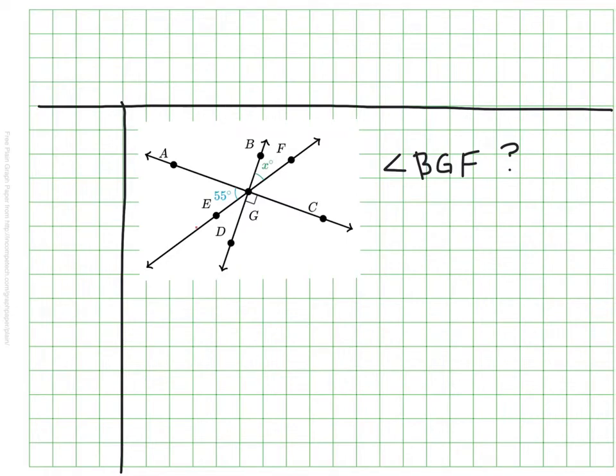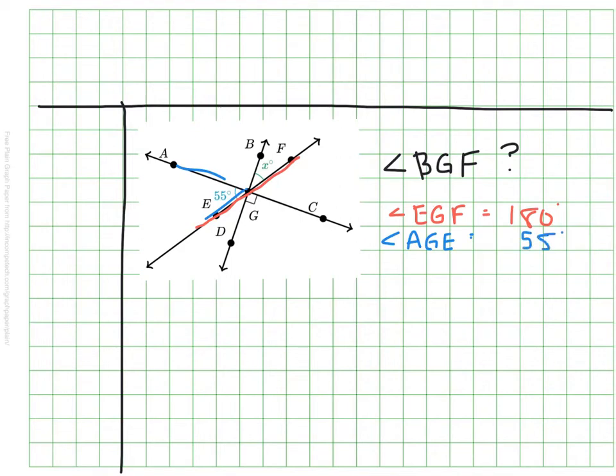I see, of course, that there is a nice straight angle right here from E to G to F. So that means that's 180 degrees. I also see on here that AGE has been labeled, and that's labeled 55 degrees.